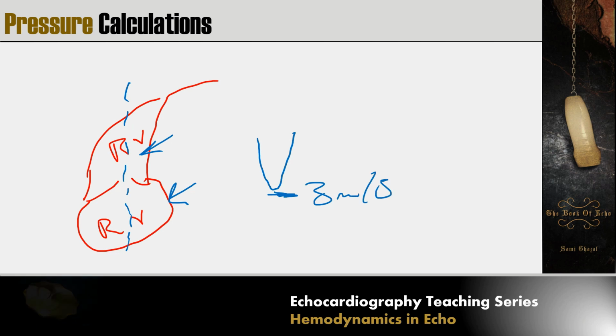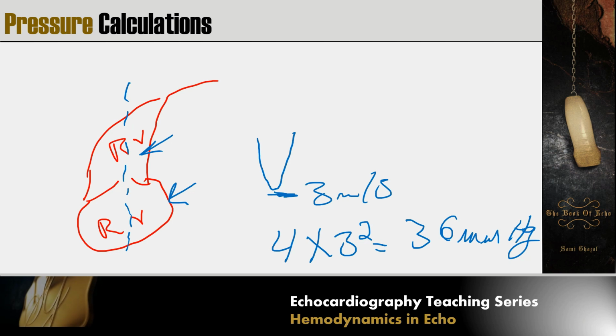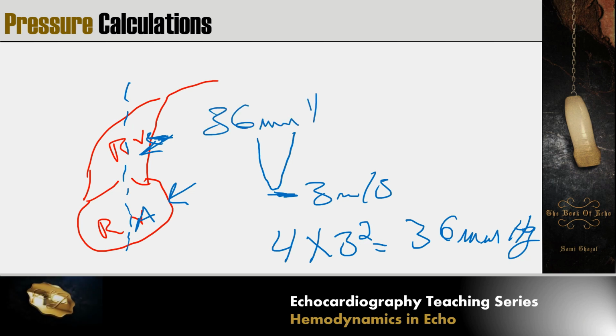Now, utilizing the Bernoulli equation, we calculate the pressure. It will be 4 times 3 squared, which is 36 millimeters of mercury. It means that the pressure of the RV is higher than the RA, sorry, this is the RA, by 36 millimeters of mercury.